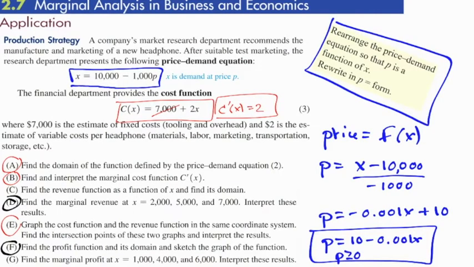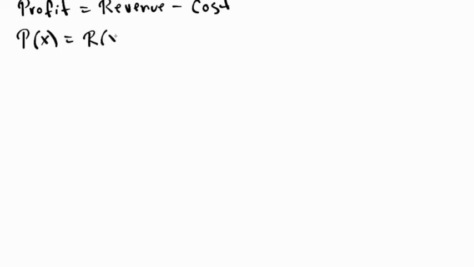Part F says find the profit function and its domain and sketch the graph of the function. So we want to recall that profit equals revenue minus cost. We will call the profit function P of X, and notice we're using a capital P because the price function is lowercase p.